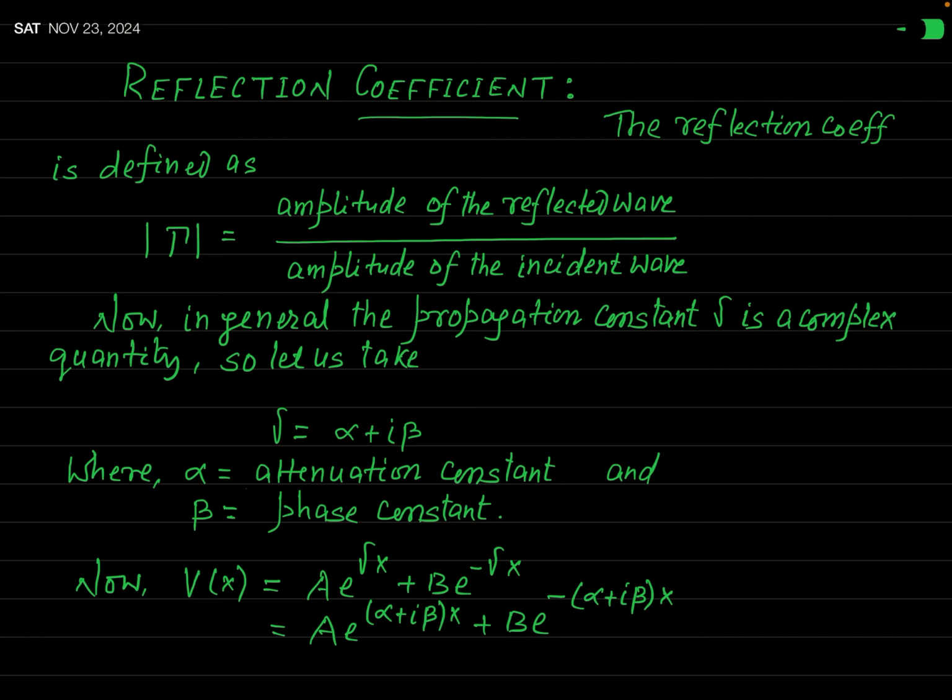It is denoted by the capital gamma, and we take its magnitude, and it is defined as the ratio of the amplitude of the reflected wave to the amplitude of the incident wave. When you divide the amplitude of the reflected wave by the amplitude of the incident wave, you get a number, and that number is called the reflection coefficient.